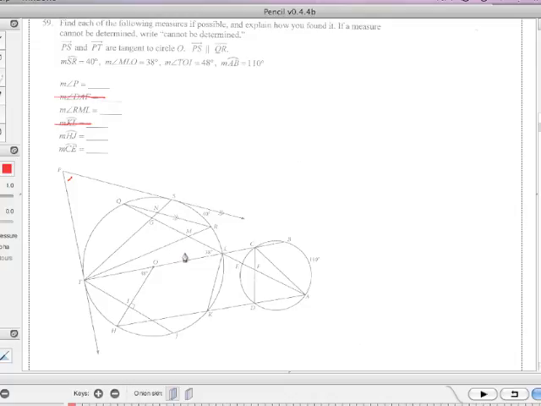Okay. Well, let's start with some things like this. If these two lines, PS and QR, are parallel, and we know that this arc right here is 40 degrees, we can get this arc right here. This arc has to be 40 degrees also.